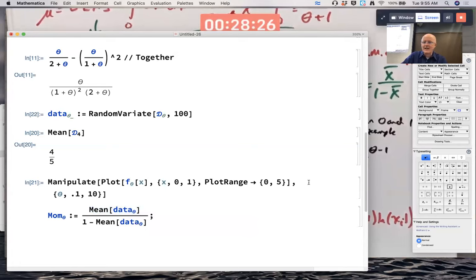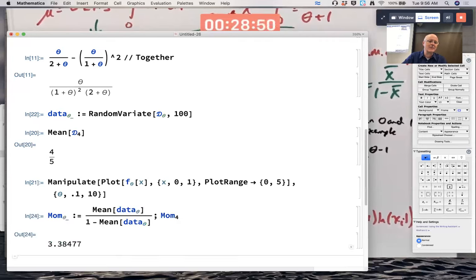All right, Mathematica, what is M.O.M of 4? When theta is 4, what's M.O.M of 4? Should be close to 4. Oh, I thought it would work. Oh, I didn't use an underscore. That's the problem. Okay, not too far away.